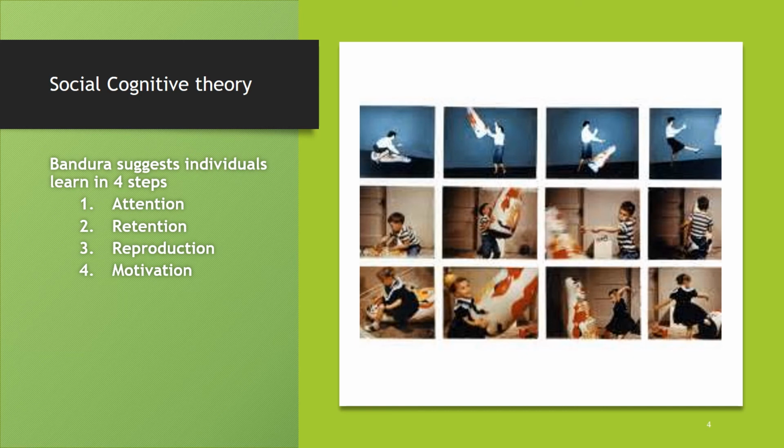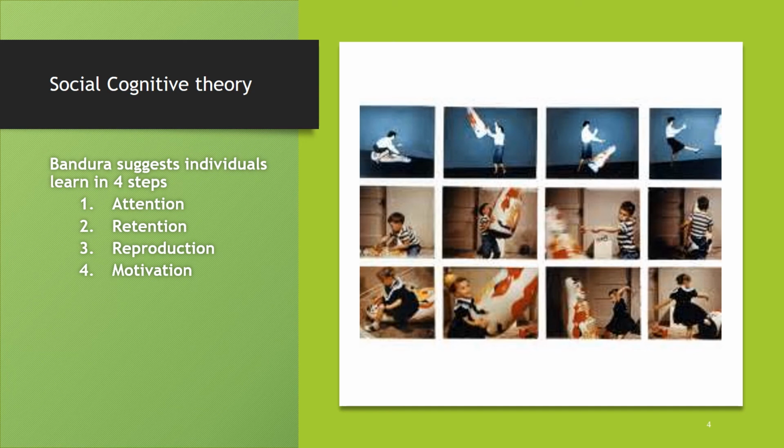They took that information, they retained it when they were given the opportunity to play with the same toy that they saw the adult playing with. So they were motivated, if you will, to reproduce the activity and engage in a negative way.